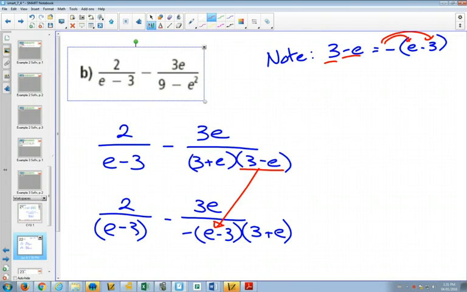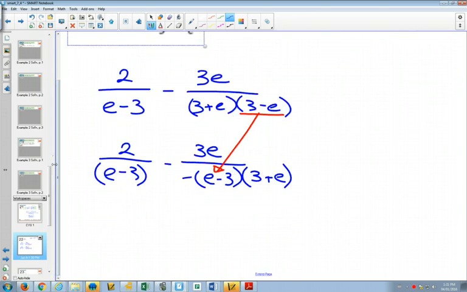And now we can say to ourselves, what's missing? And how can we make this the same? So can we see in this first one that it's missing a 3 plus e? What does that negative on the bottom of the fraction do?